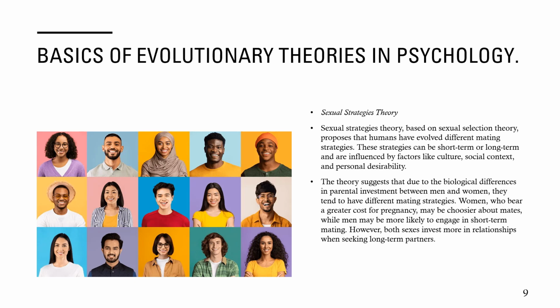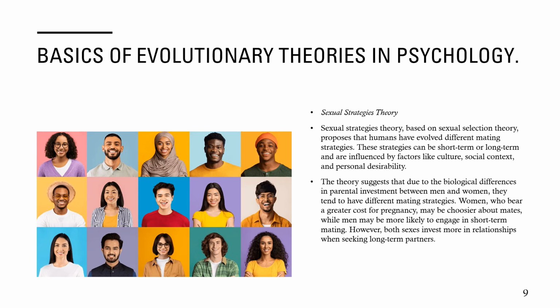Sexual strategies theory. Sexual strategies theory, based on sexual selection theory, proposes that humans have evolved different mating strategies. These strategies can be short-term or long-term and are influenced by factors like cultural and social contexts and personal desirability.